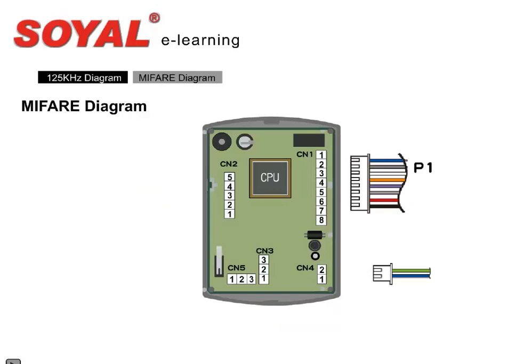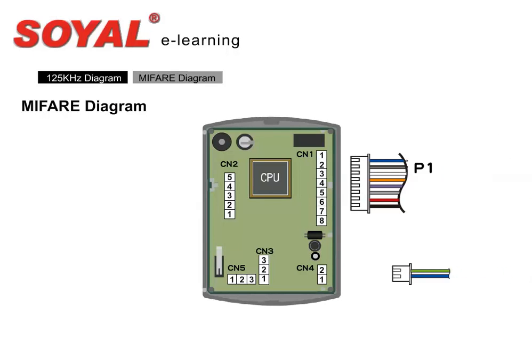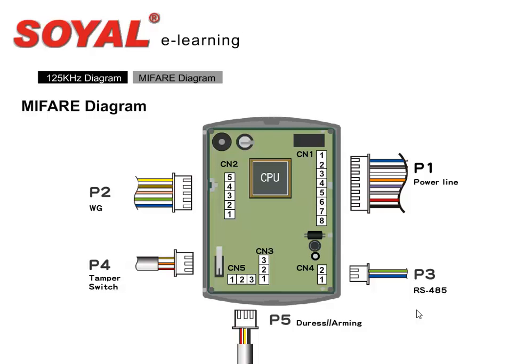And here you can see the MyFair frequency diagram. Here we can notice that the P3 connection of RS485 is on the right side of MyFair frequency. It's different from the EM frequency.